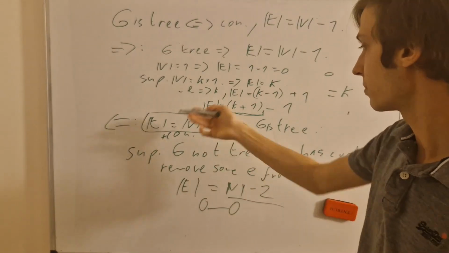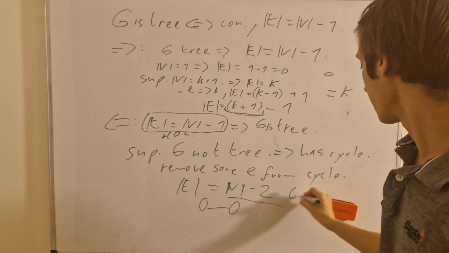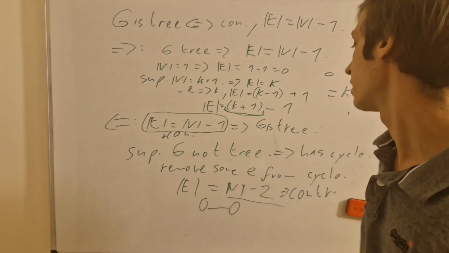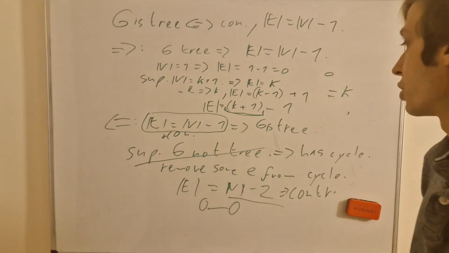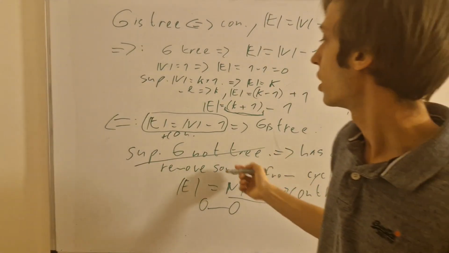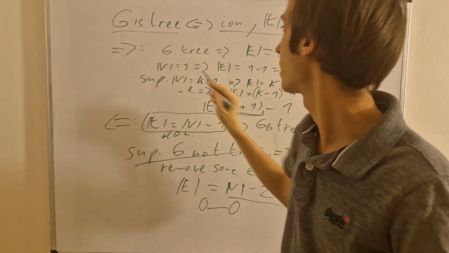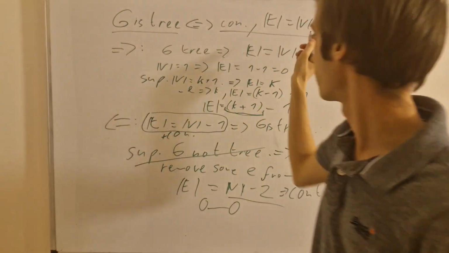That's a contradiction, because it must be connected. So we contradicted the claim that G is not a tree, therefore it is a tree. So if this holds, then this holds, just as the first part said that if this holds, then this holds.